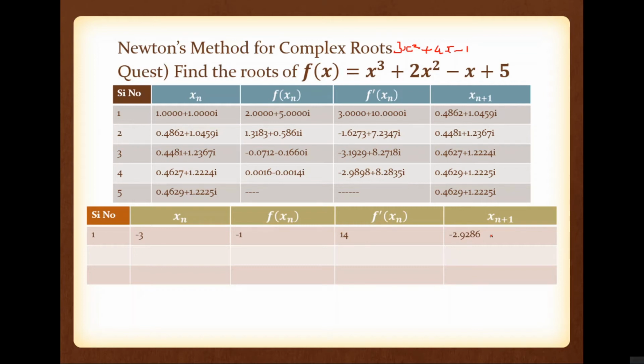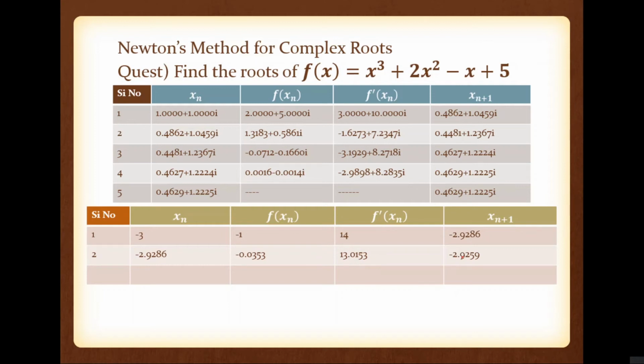Is it okay? All of you. So now, okay, second iteration. For second iteration, minus 2.9286 is xn. Now if you are substituting this one into this equation, we have minus 0.0353. Okay. So f dash of xn is 13.0153.